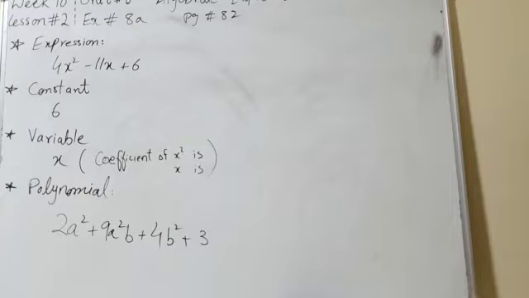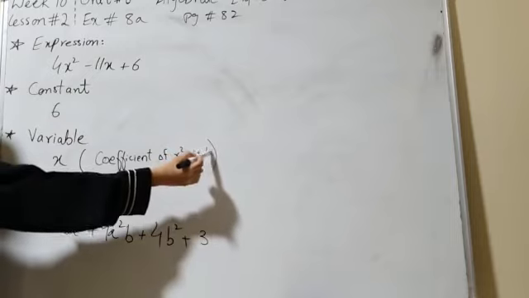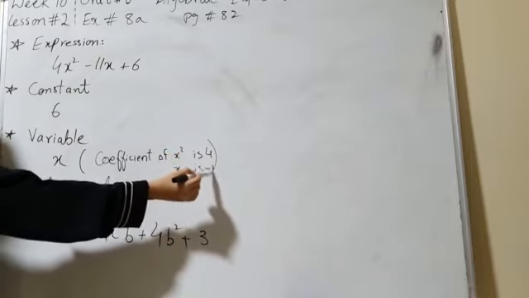Now with variable x we have numerical value again. We do not call it constant, we give it a name as coefficient. For example, coefficient of x square is 4, right? And coefficient of x is minus 11. 4 and minus 11.